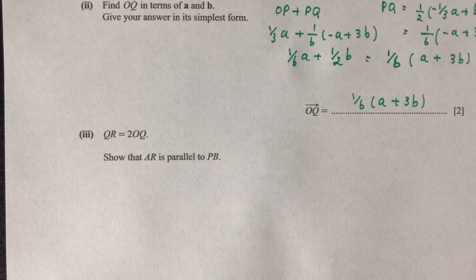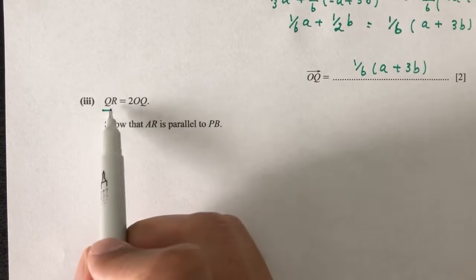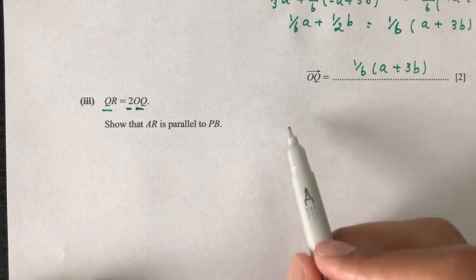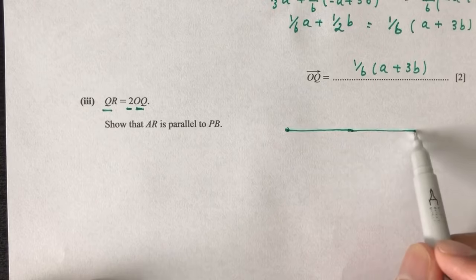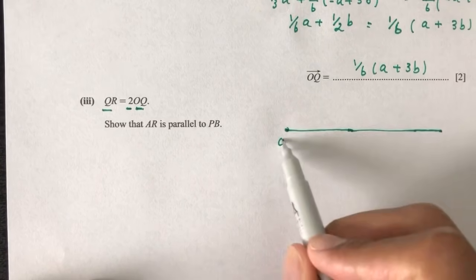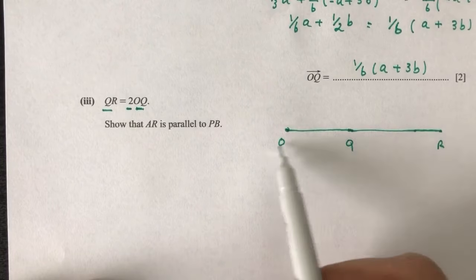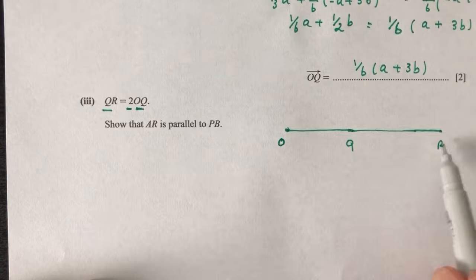Moving on to part 3. We are given that the length QR is equal to twice OQ. Okay, so we had the line OQR, the QR is twice OQ. So let's find what is the length of OR.